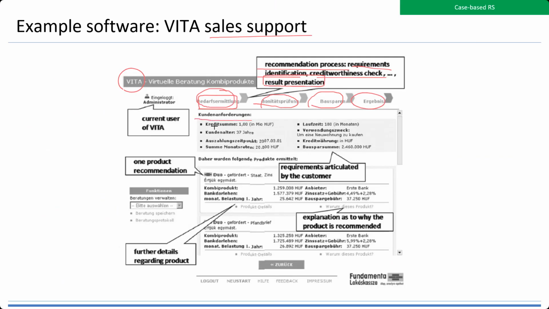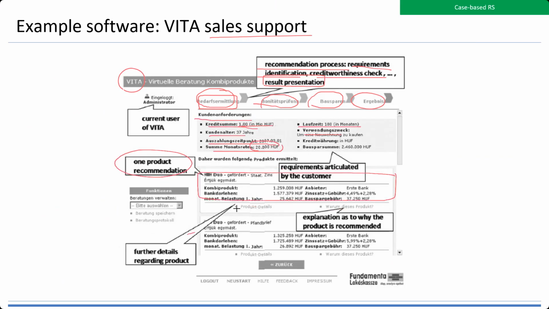So this is the requirement, like maybe in Germany, it's not easy. So what is the price, and what is the requirement, the credit, and so on. And then they will have the recommendation item. This is the product that has been recommended.